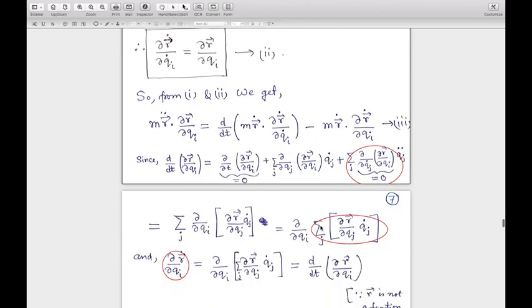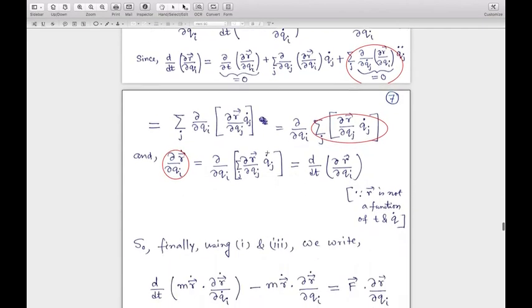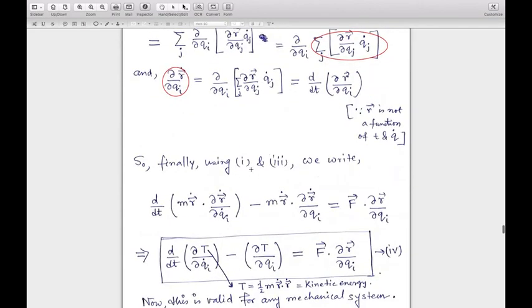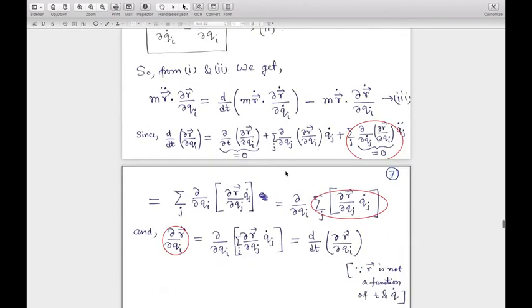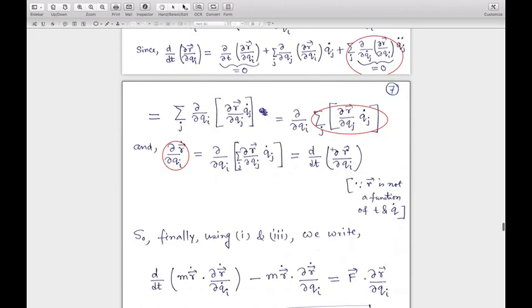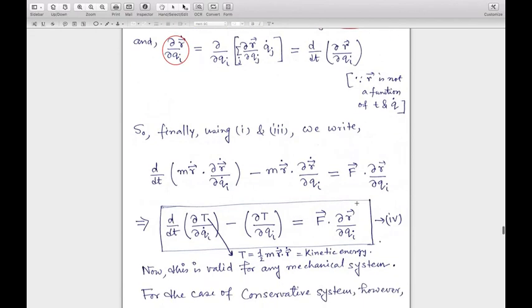So you can see 3 is already the main result. Finally, using 1 and this relation, you can write this. We have just replaced m r double dot with F. That is the only thing I have changed over here.